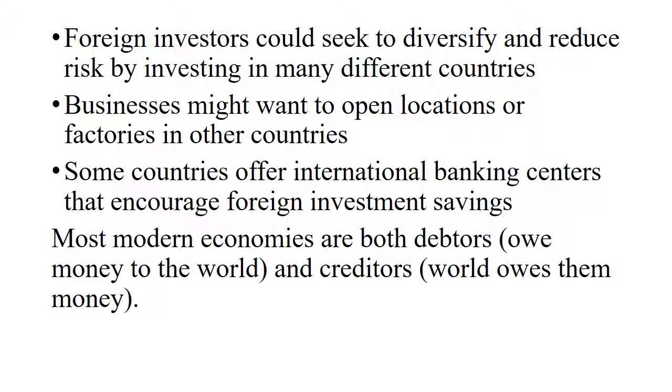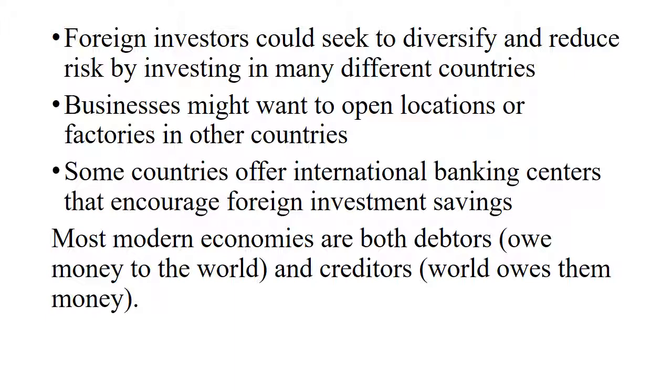The first one is foreign investors might want to diversify. Diversifying is all about spreading out risk. And if all of your investments are in one country and in one economy, what happens if there's a recession in that country? Or if there's inflation in that country? Sometimes foreign investors want to diversify and spread their risk out by investing money into different countries.